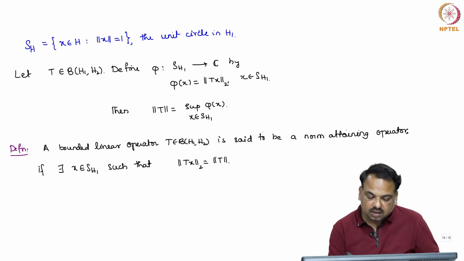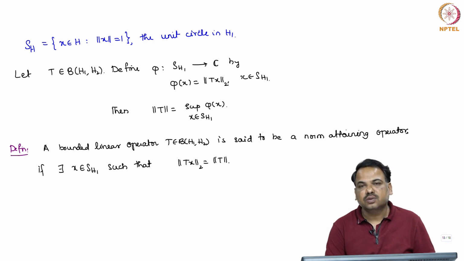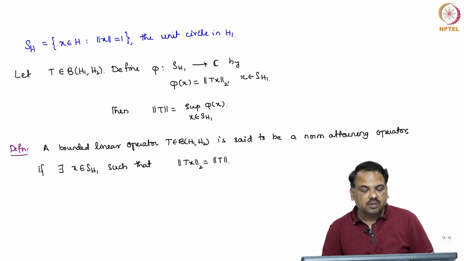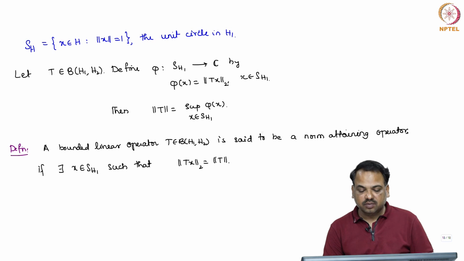In that case, we can say that the supremum becomes maximum. So, whatever examples we have discussed, finite dimensional operators on finite dimensional spaces, the supremum is replaced by maximum. We were able to find a unit vector where the norm of the operator is attained. So, the examples that we have given are examples of norm attaining operators.